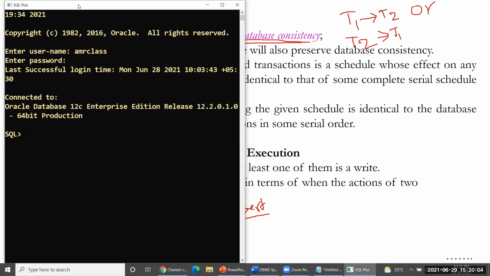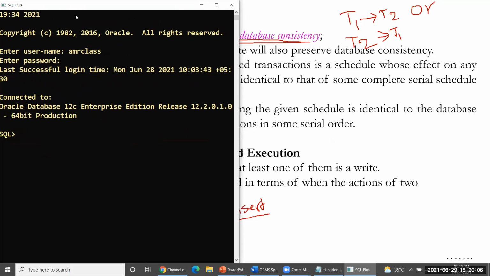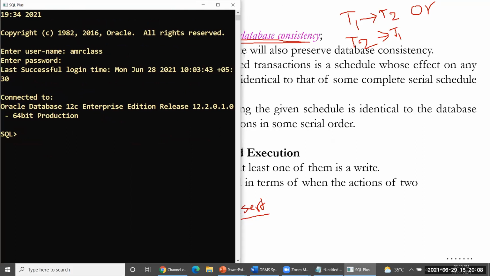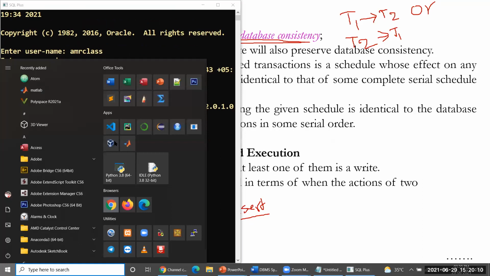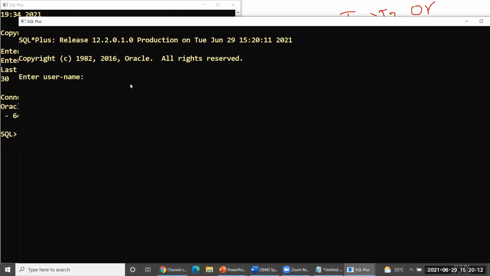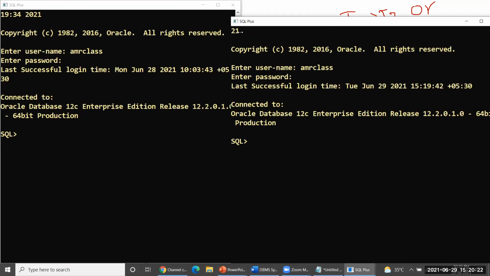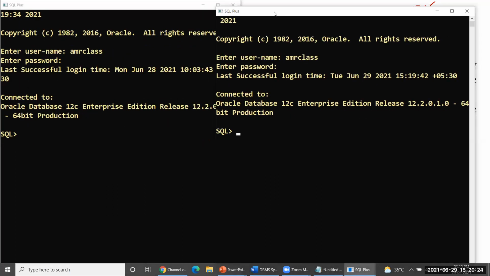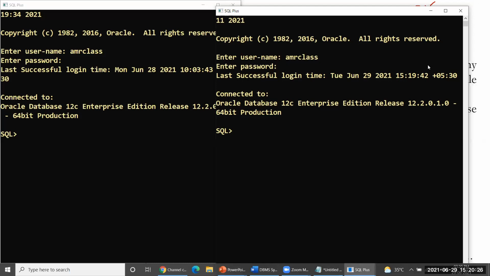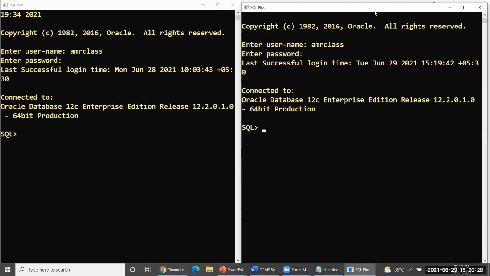Let me open one more command prompt here, then you could understand very easily. Both prompts have the AMR class only, because two different people are working on the same kind of item.